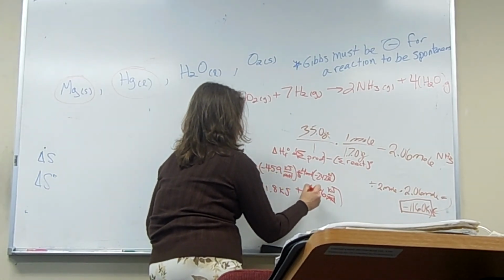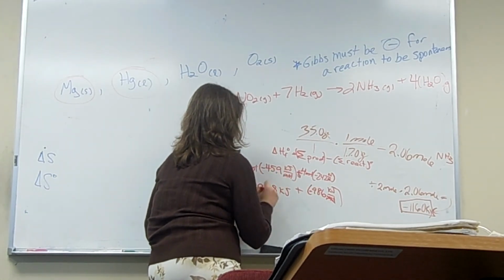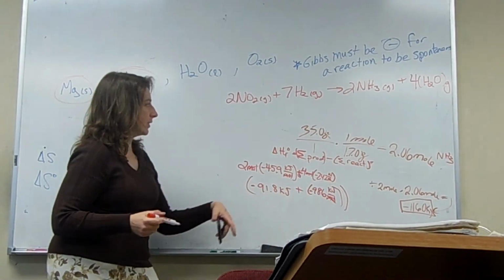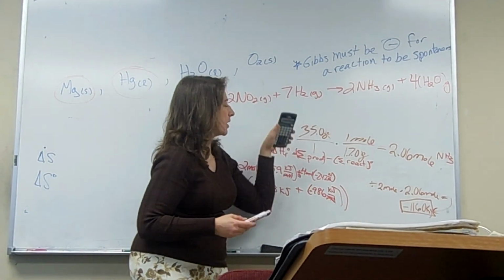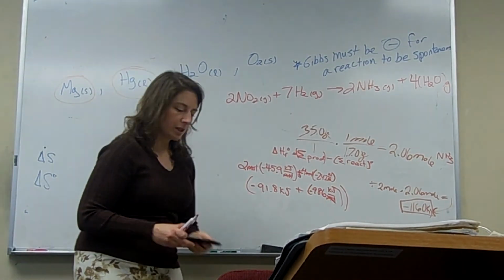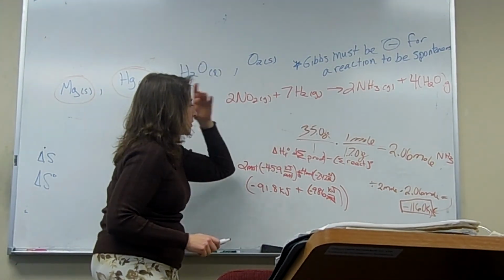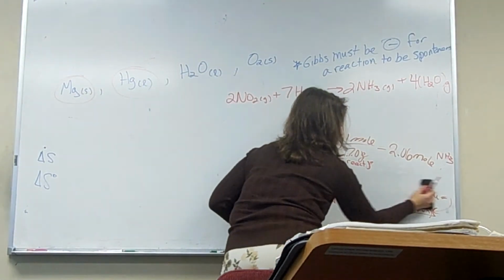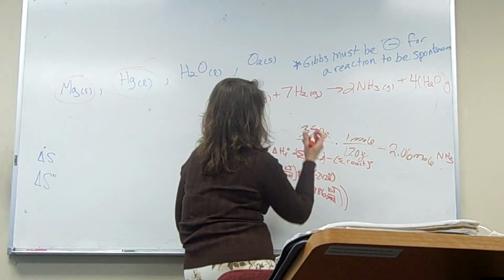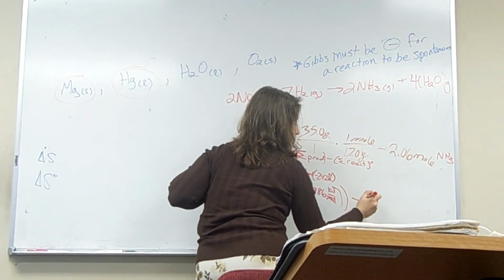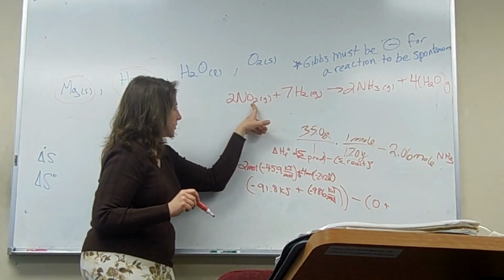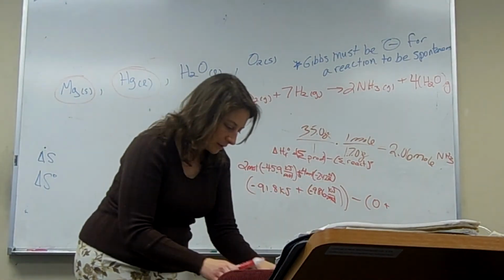So that's negative. All right, so these two are the products. Then we subtract out the reactants. That would be hydrogen gas. Hydrogen gas is 0 because it's an element. And then nitrogen dioxide gas.